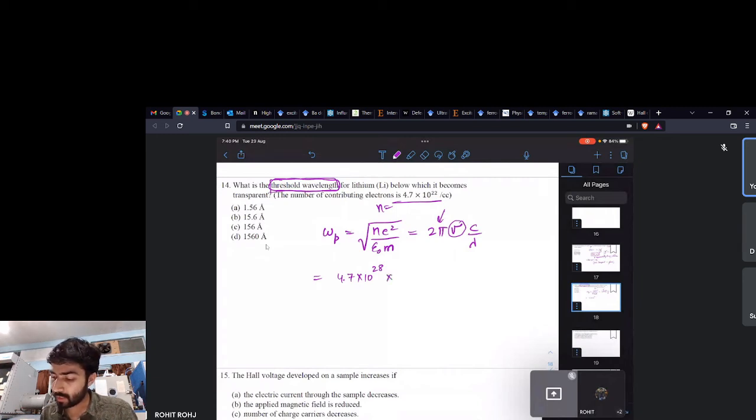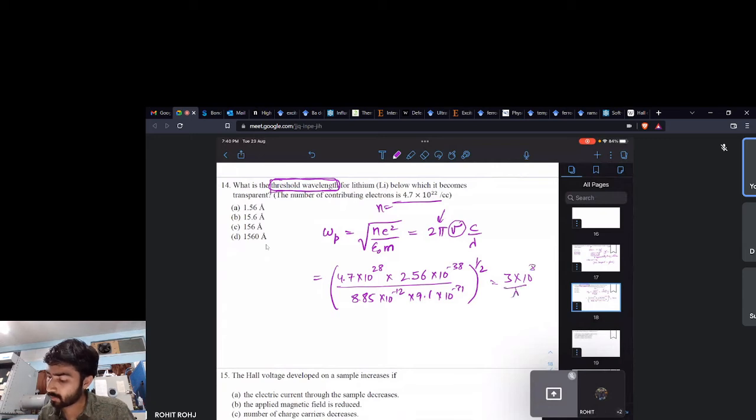Then we have e square as 1.602 square, that is 2.56, into 10 power minus 38, divided by epsilon naught into 10 power minus 12 into 9.1 into 10 power minus 31. The whole half is given by 3.3 into 10 raised to the power 8 divided by lambda multiplied by 2 pi.